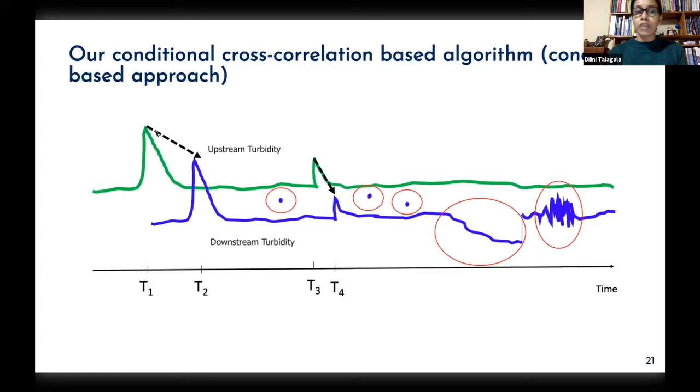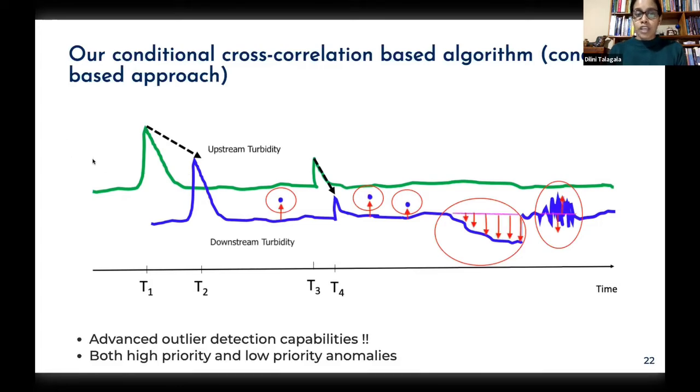To do that, we use the information coming from upstream turbidity. Using this upstream variable, we predict the downstream behavior. For example, this purple one will be the predicted values that you get by using the information coming from upstream.